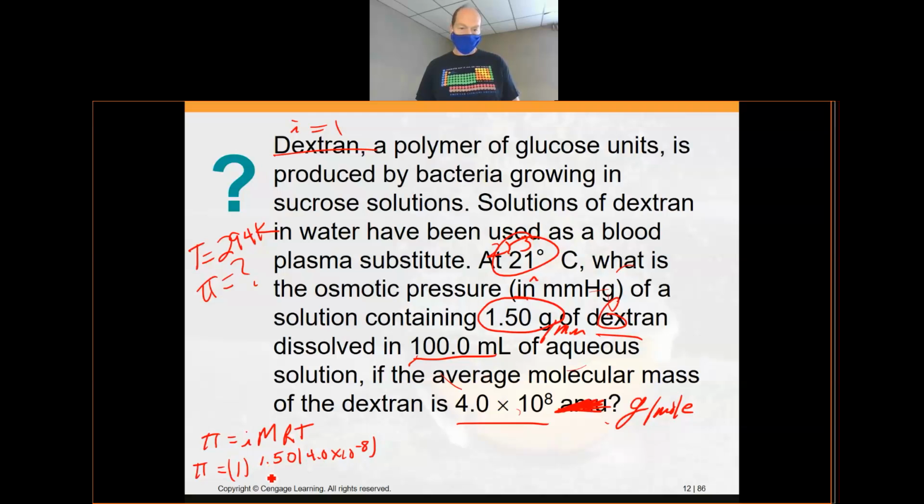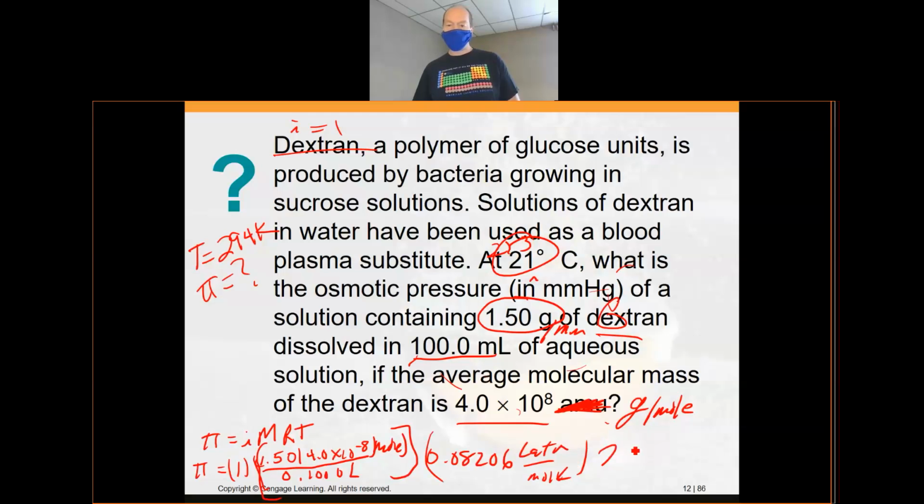That's moles per liter of solution, that is 0.1000 liter of solution. So that is our molarity. The R is 0.08206 liter atmosphere per mole Kelvin. And our temperature is 294 Kelvin.